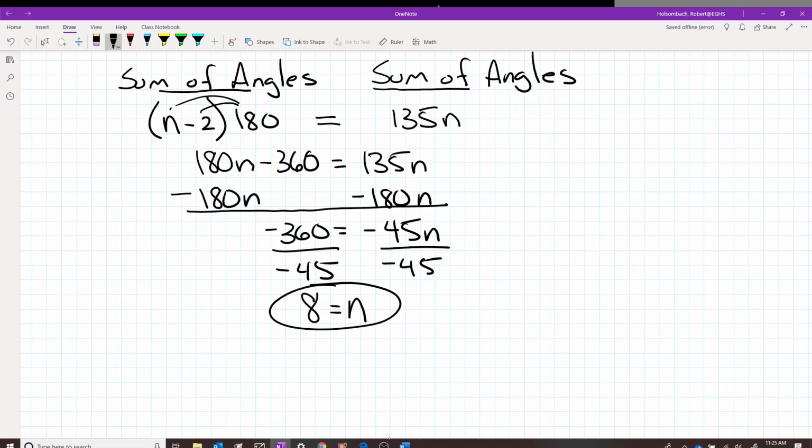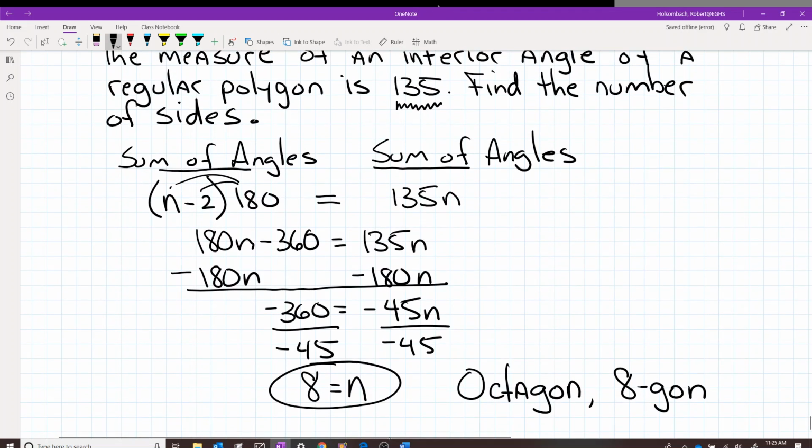Good? Can anybody give me a name for an 8-sided polygon? Nice. Octagon. All right, so that question can be worded a couple ways, right?